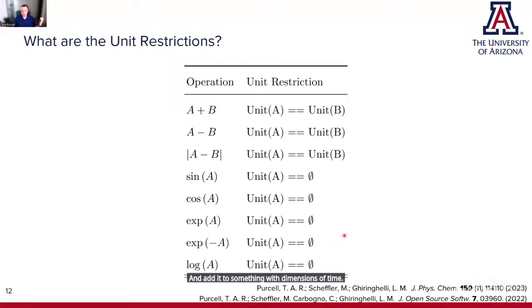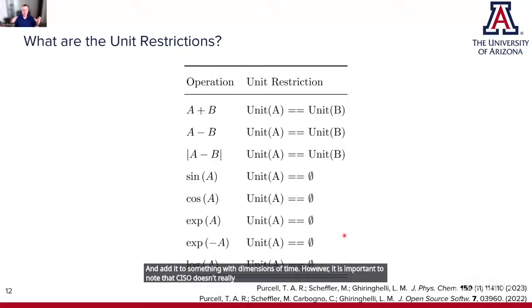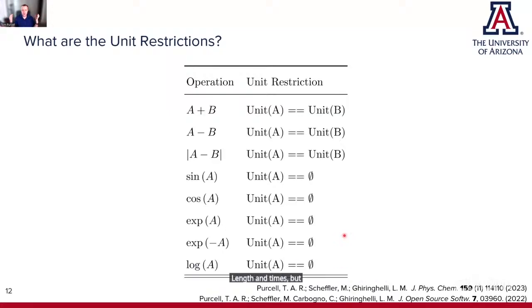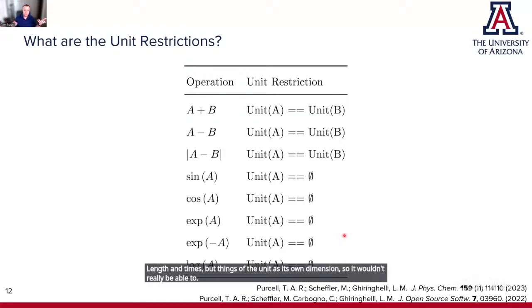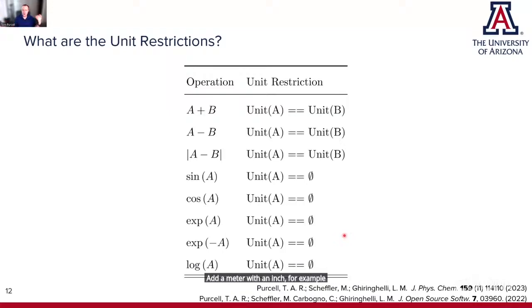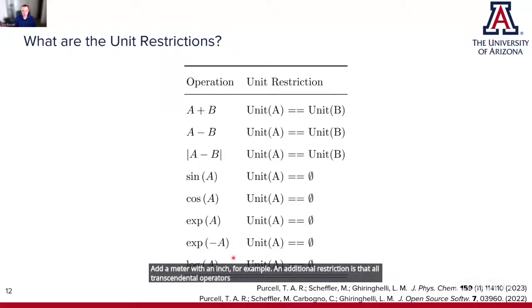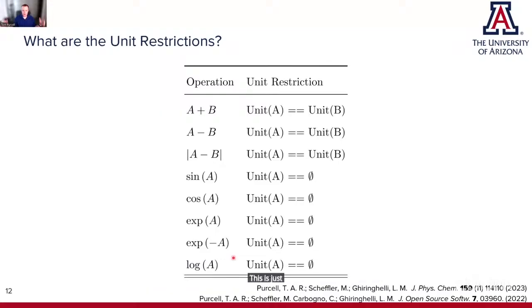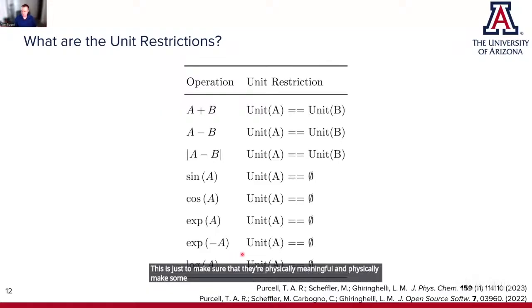However, it's important to note that SISSO doesn't really understand length and times, but thinks of the unit as its own dimension, so it wouldn't really be able to add a meter with an inch, for example. An additional restriction is that all transcendental operators must only act on unitless quantities. This is just to make sure that they're physically meaningful and physically make some sense.